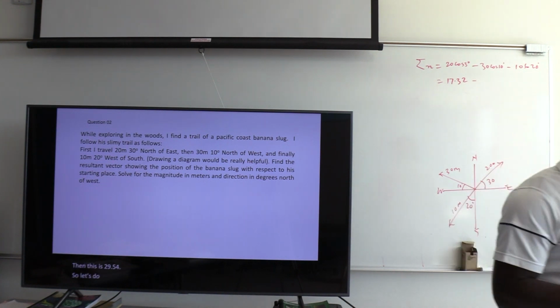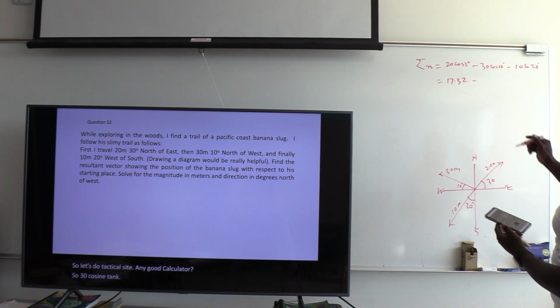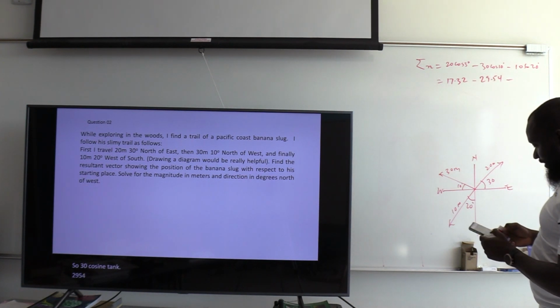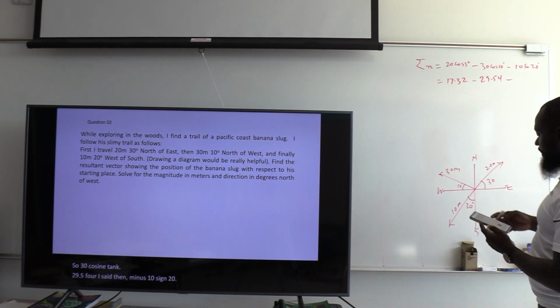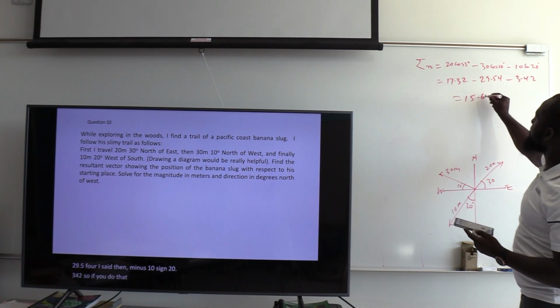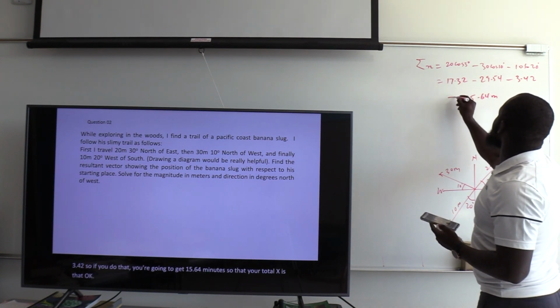Let me get my calculator. So 30 cosine 10, 29.54, like I said. And then minus 10 sine 20, 3.42. So if you do that, you're going to get minus 15.64 meters. So that's your total x. Is that okay?